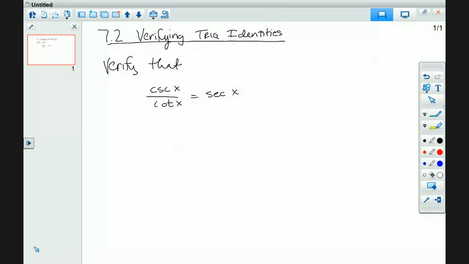We already put this one up as an expression, and I worked it through. So, again, tip number 1 is change it to sine and cosine. That is 1 over sine.